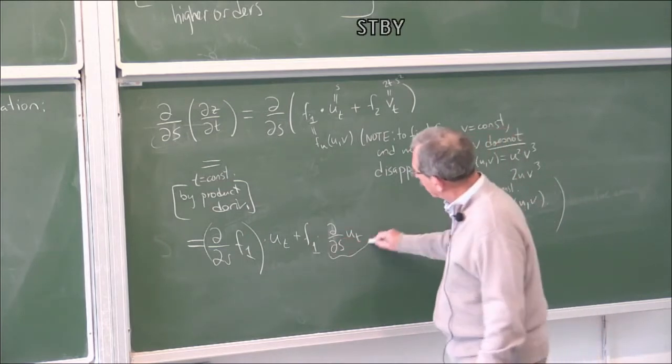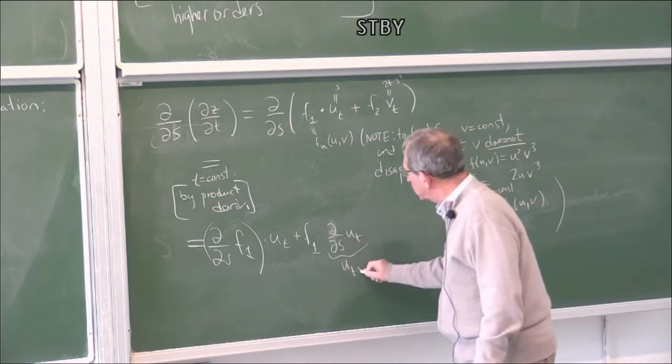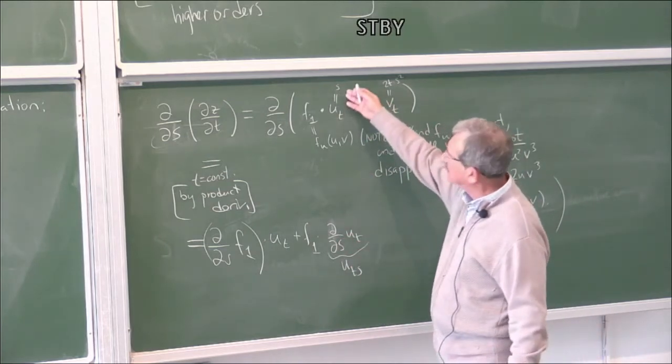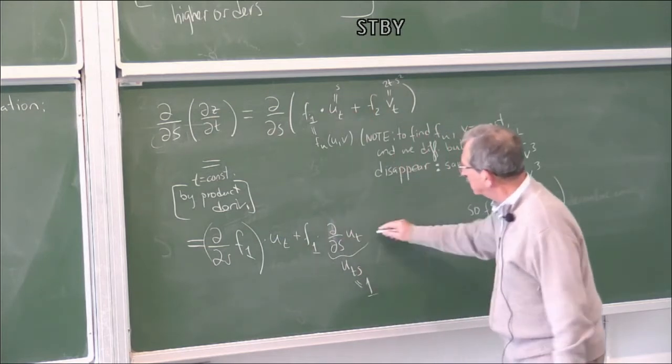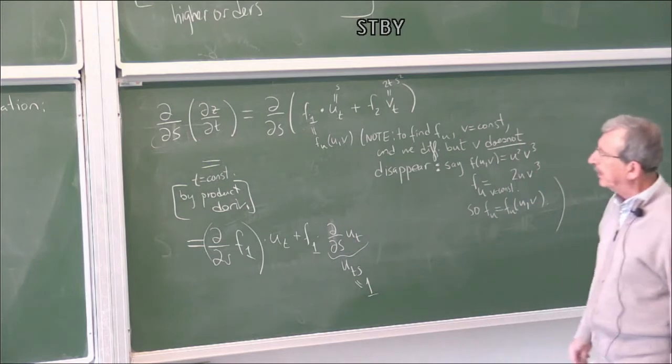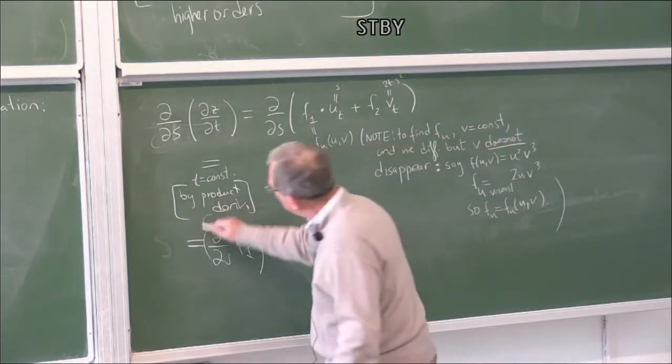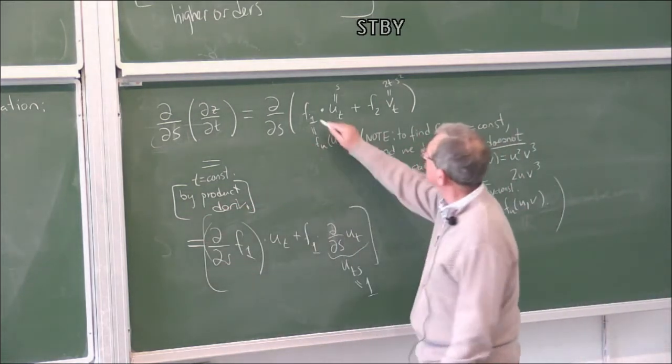Well, this of course is u sub t, but u sub t is s, so this derivative is 1. That's easy. So we have a product derivative for the first part.